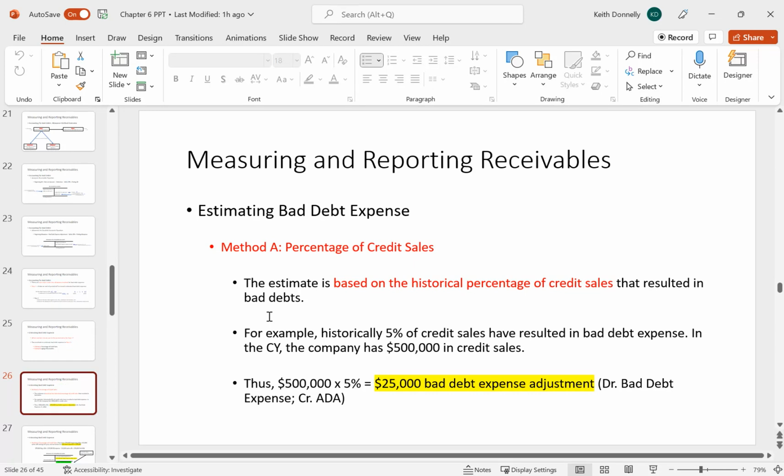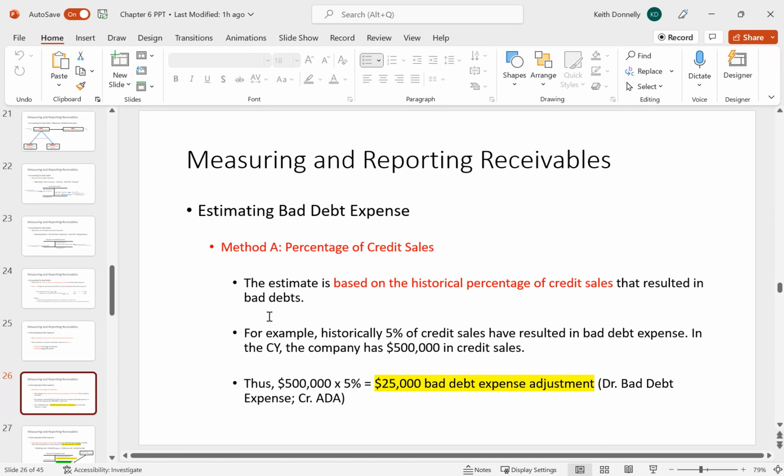So if we would look at A, to help us figure out what numbers to go in that step 1 journal entry, the idea is we are going to make our estimate under the assumption that the best predictor of future behavior is past behavior.